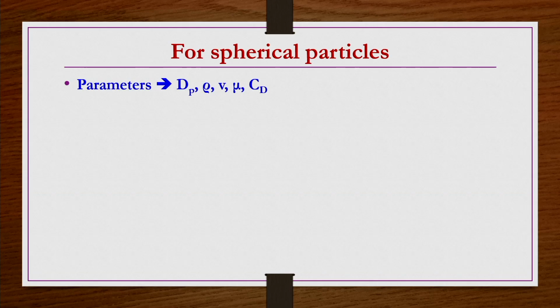So, what parameters do we have in general, let us say for a spherical particle settling in a Newtonian fluid, or a Newtonian fluid flowing along this particle? What parameters are involved?